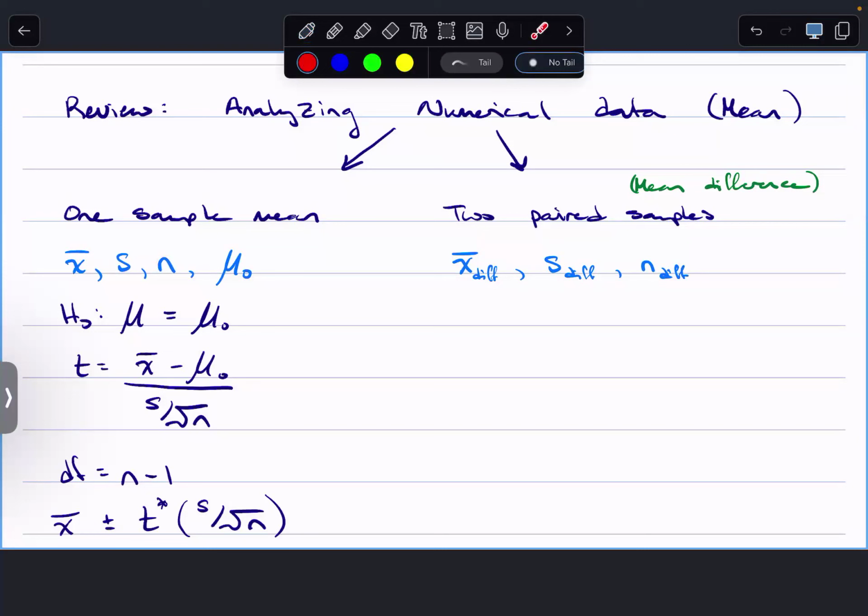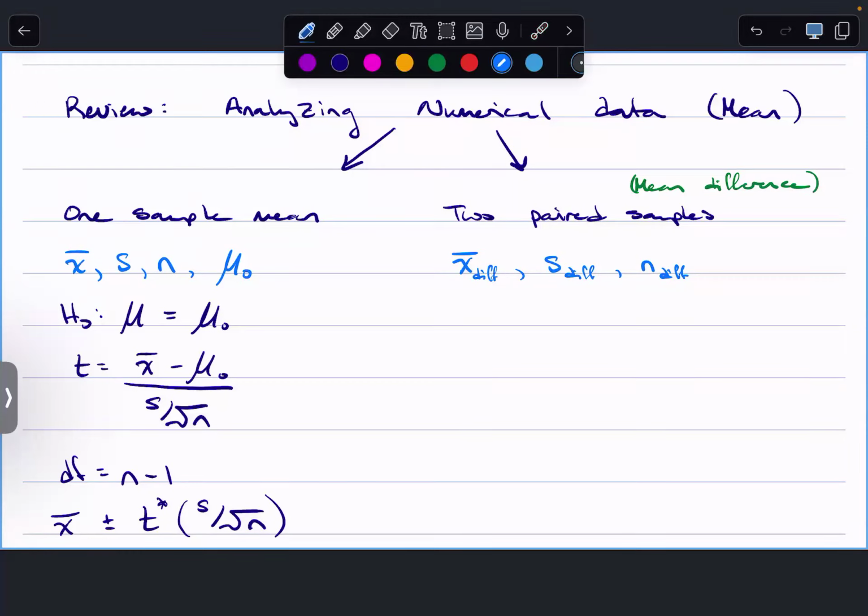This is the same list of information, right? In fact, we apply the same techniques, but in a simplified way. It's harder because we're talking about the differences, right? The mean of the differences, but the mean of the differences, I'm only concerned about how it relates to 0, right? A difference of 0 says there's no difference between these groups.